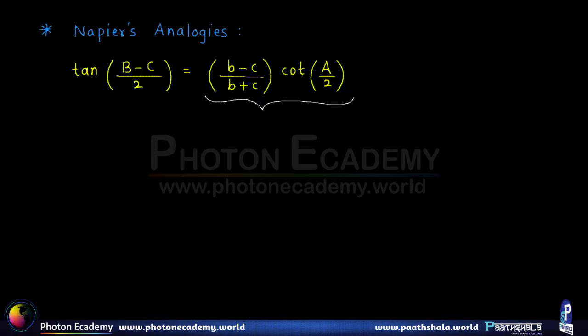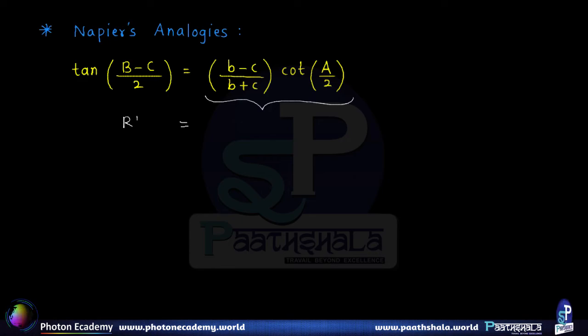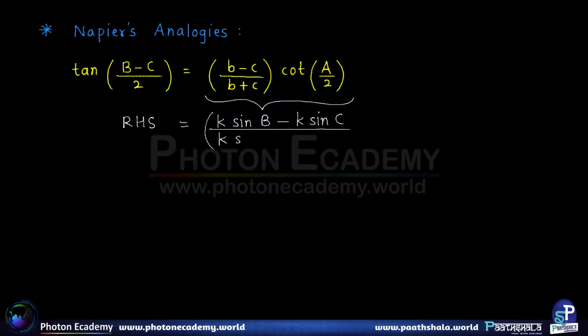Alright, so let us substitute for b and c on the right hand side. As we know, b can be written as k sin B and c can be written as k sin C, whole upon k sin B plus k sin C, into cot of A by 2 as it is.